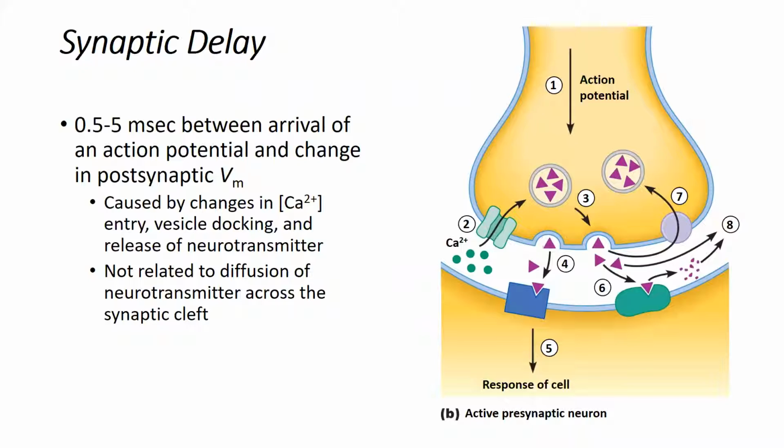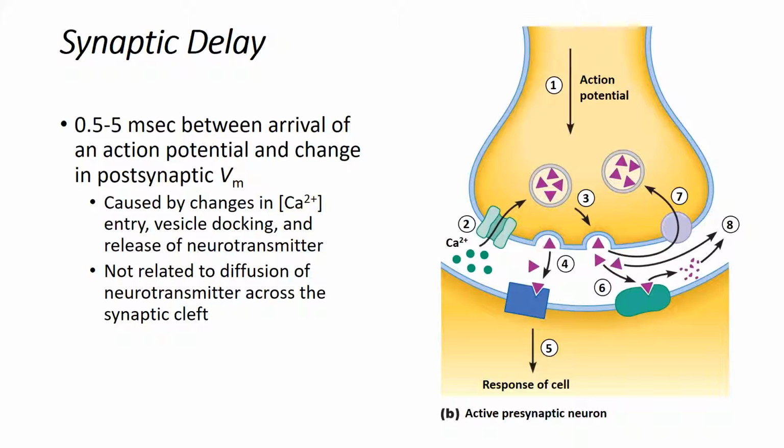There is a slight delay of about 0.5 to 5 milliseconds between an action potential getting to the terminal bouton and the action potential actually influencing another action potential on the postsynaptic side. This is called a synaptic delay. And the main reason for the synaptic delay is the exocytosis, or the release of the neurotransmitter, which is caused by the change in the calcium channels.